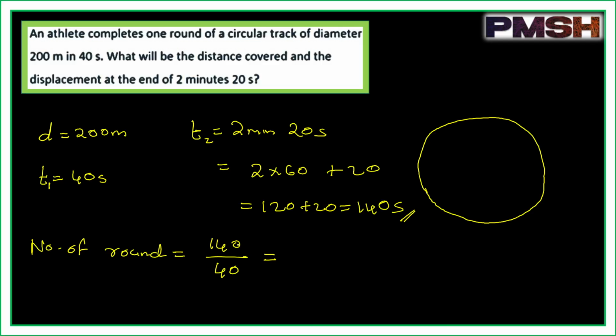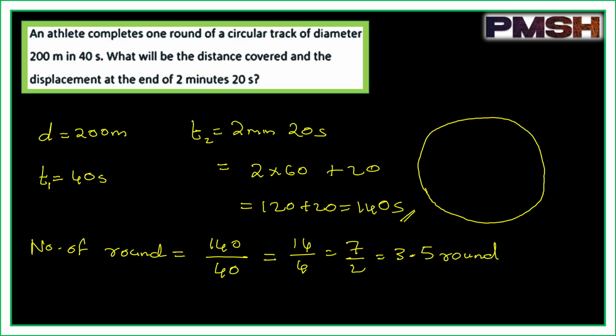You can cancel 0, 14 by 4, 7 by 2, 3.5 rounds. Clear? So in 140 seconds, this athlete can complete 3.5 rounds because for a single round it is 40 seconds and the total time is 140 seconds. So you divide the total time by the time for one round. So you get 3.5 rounds.